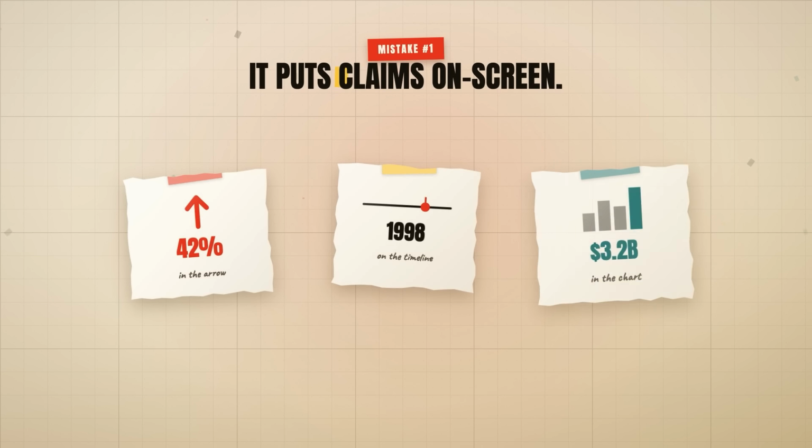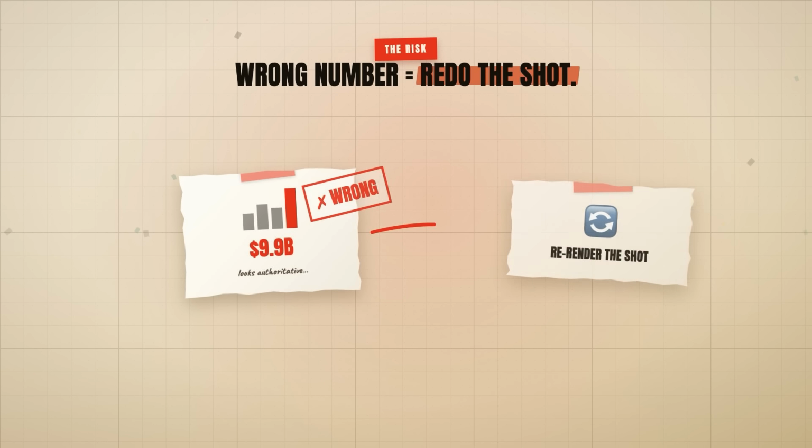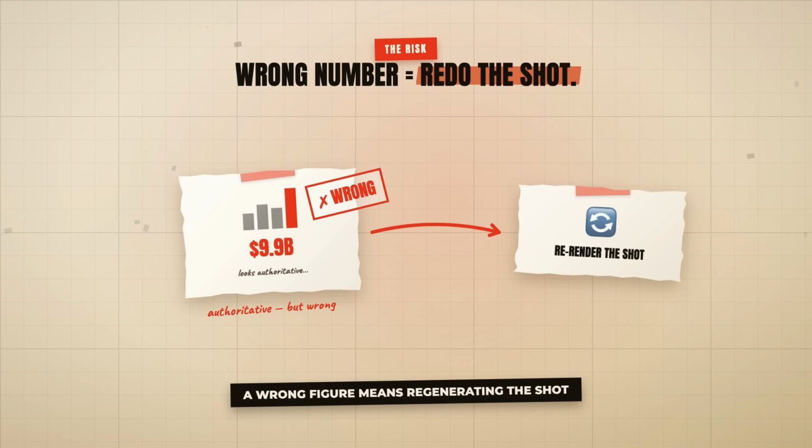But before we wrap up everything, there's two things that you do need to know about this. This style puts claims on the screen, okay? That's basically what it's for. The number in the arrow, the date on the timeline, the figure in the chart, which means that when the model gets a number wrong, then it's not a throwaway line in a voiceover, okay?